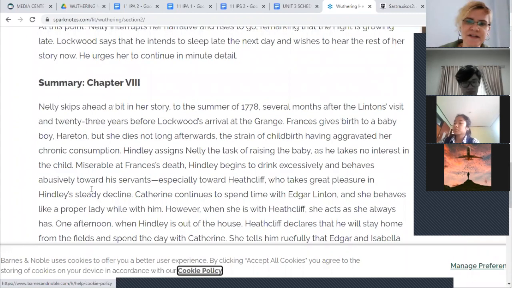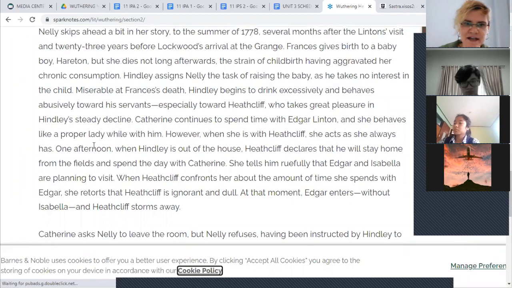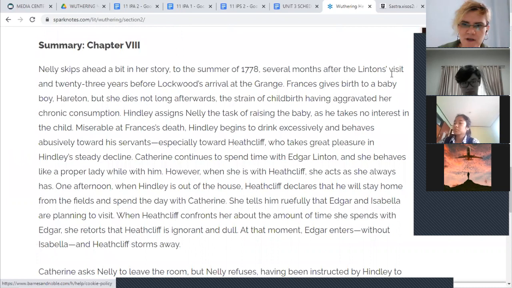Now, in chapter 8, that was at the beginning of the story, where Frances is the wife of Hindley. So you remember that Hindley went away and he came back with a wife.